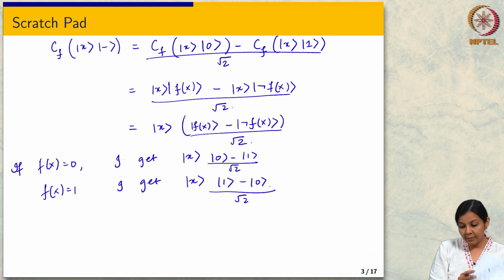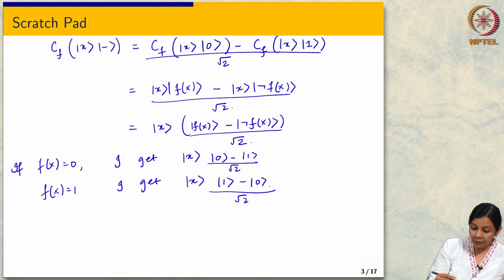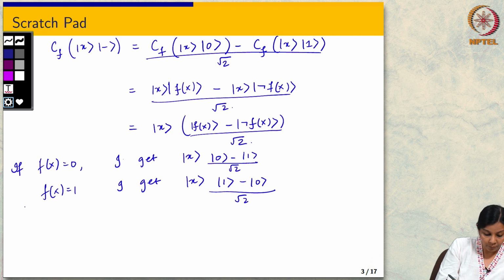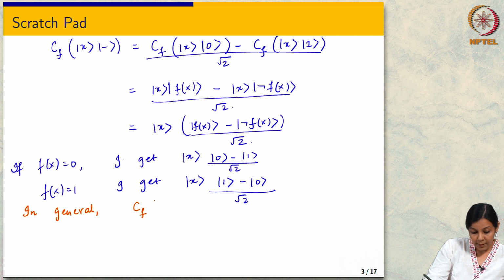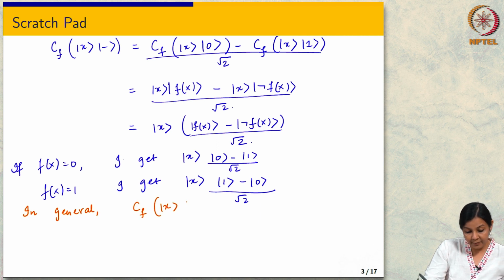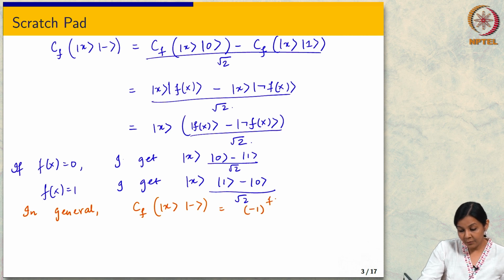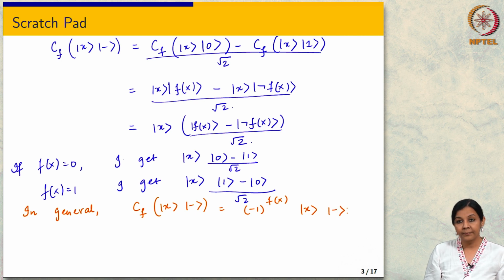So in general I can say that C_f of x, minus can be written as (-1)^f(x) x, minus. Does everyone agree?